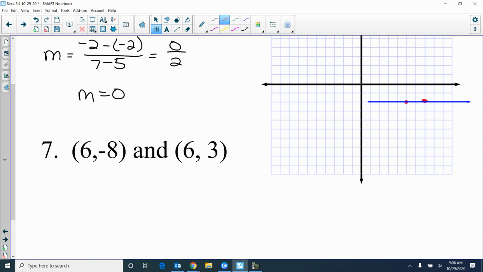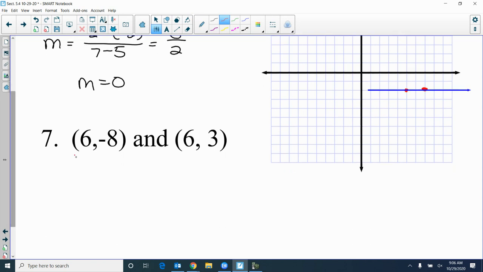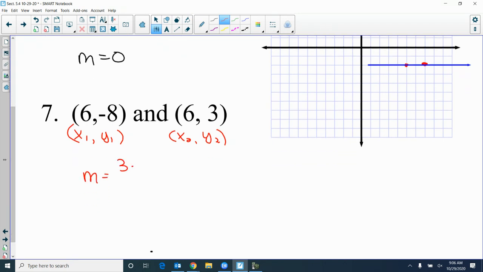So you know for sure. Okay, so now I got x1, y1. I got x2, y2. And so my slope is 3 minus -8 over 6 minus 6. 3 minus -8? 11. 6 minus 6? 0.